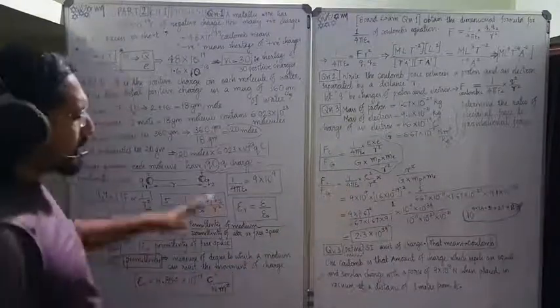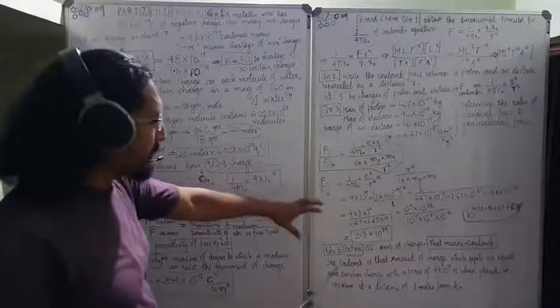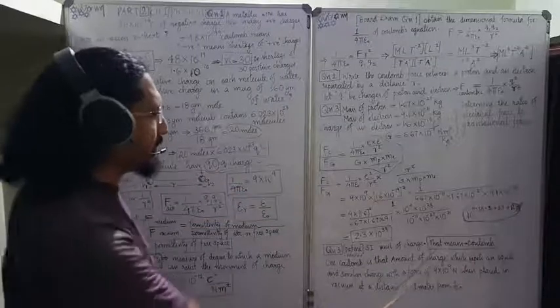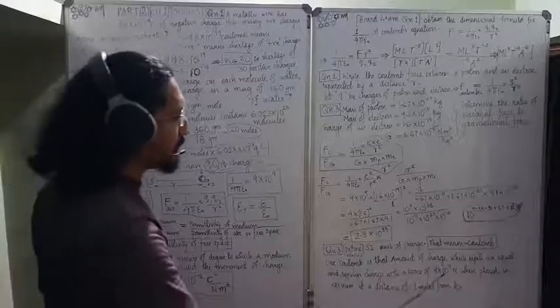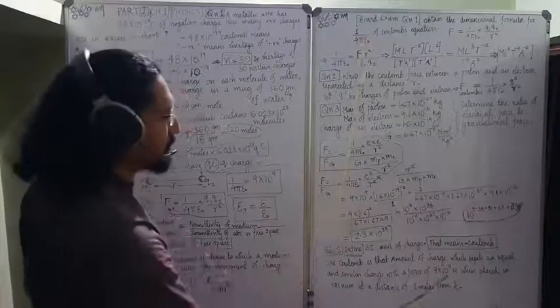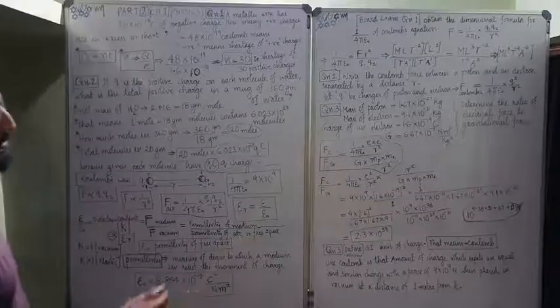So again, study this by heart. Defining SI unit of charge, that means Coulomb: 1 Coulomb is that amount of charge which repels an equal and similar charge with a force of 9 into 10 raised to 9 Newton when placed in a vacuum at a distance of 1 meter from it.